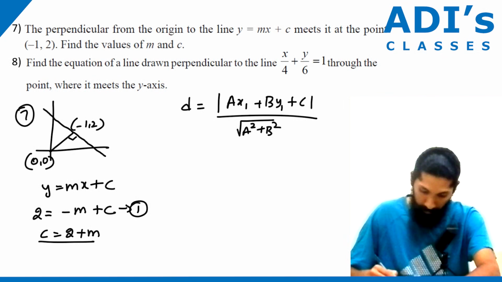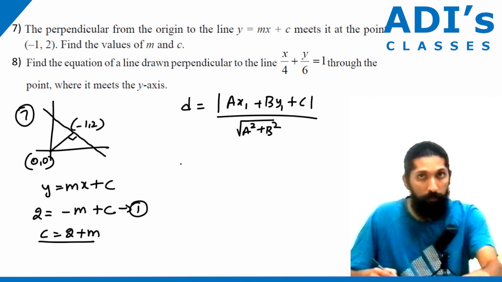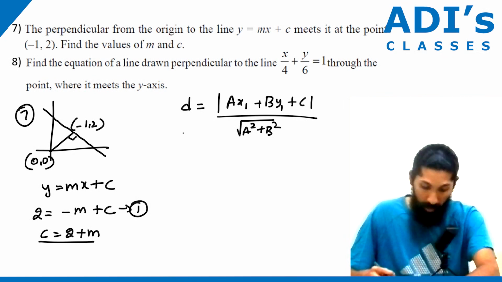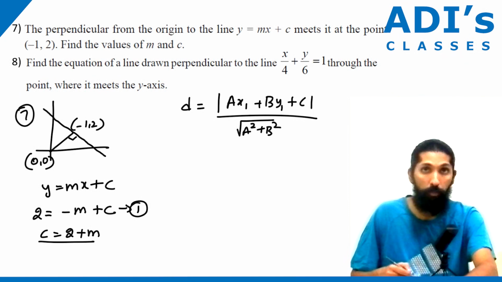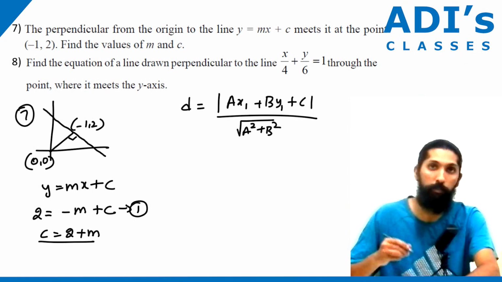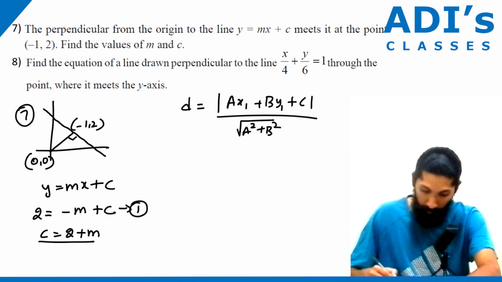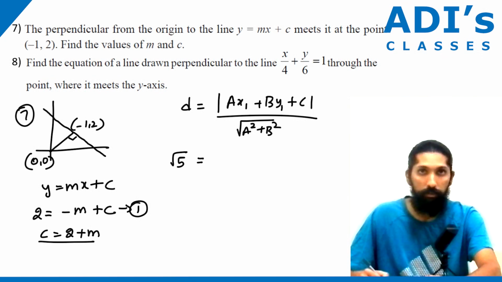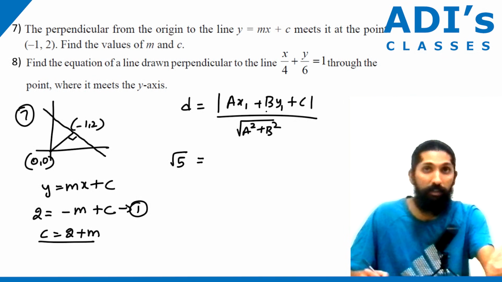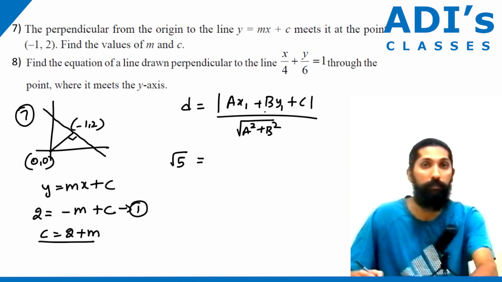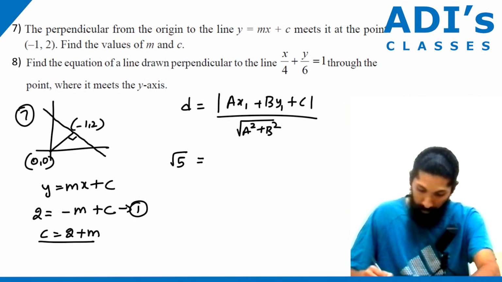Now distance d is nothing but the distance formula, isn't it? So what is the distance from origin to that point? Root of 1 square plus 2 square, which is basically root 5. Root 5 is equal to, see, x1, y1 is 0, 0, isn't it? So no point in taking that itself. Directly we can start with c. So you have c divided by root of 1 plus m square.